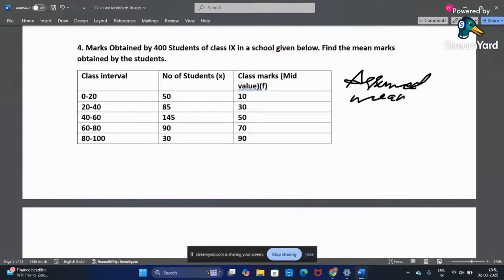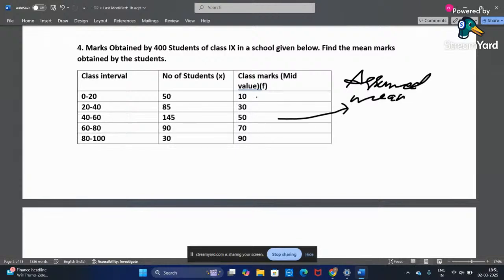Here I'm taking 50 as an assumed mean, but we can take 10, 30, 70, 90. You can take any of the numbers, but now I'm taking 50 as my assumed mean. This is not the exact mean, but I'm taking 50 as an assumed mean. So what do we have to do with this 50?